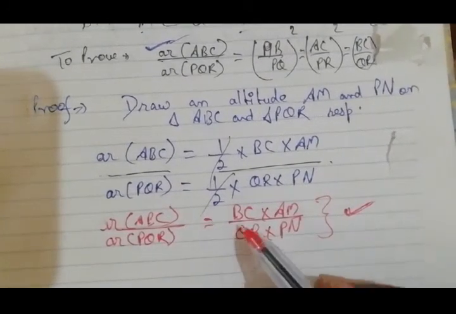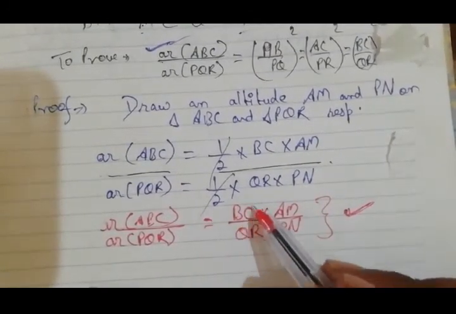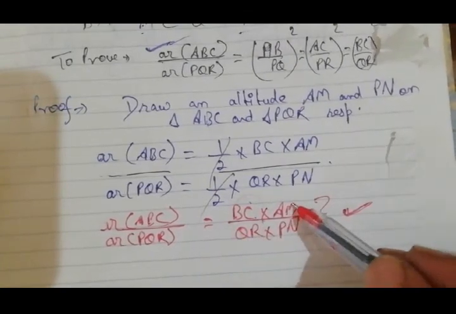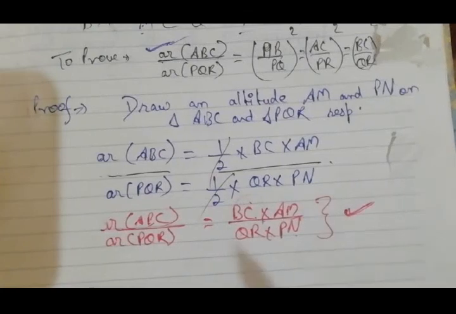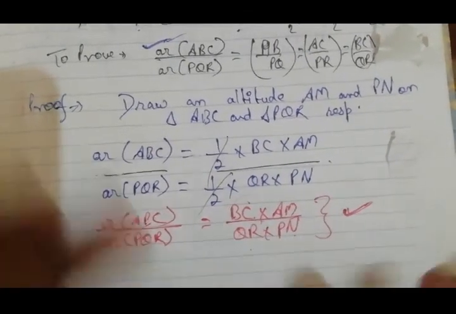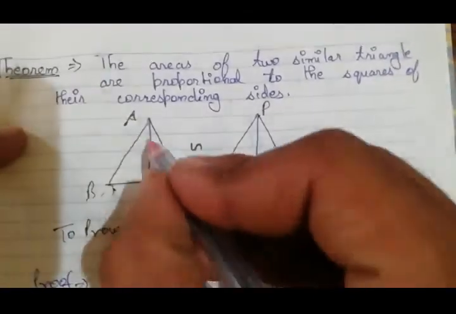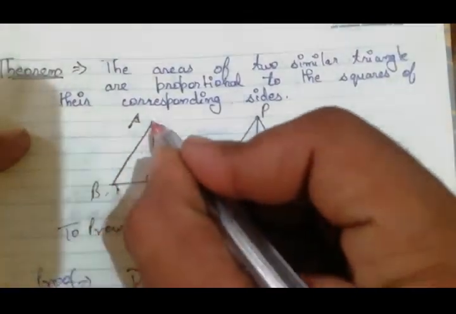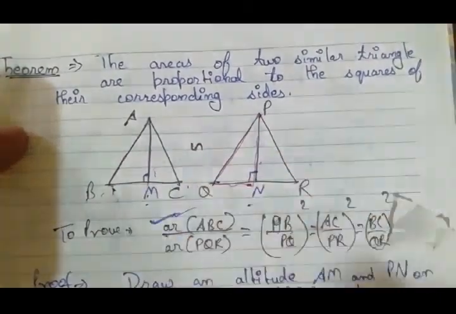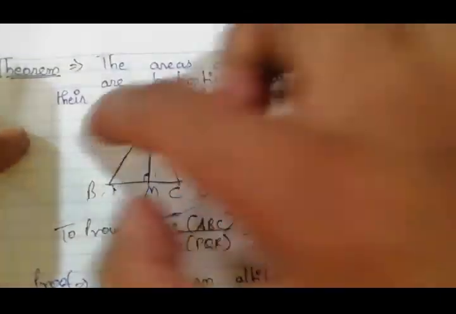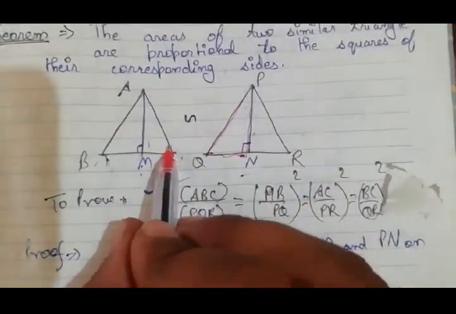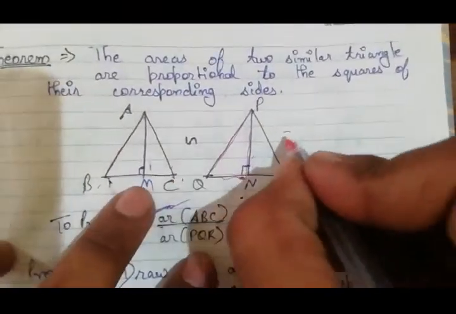Now what we have to prove is BC upon QR whole square. It means that if AM upon PN is equal to BC upon QR, then we will get it. So for that we need to look at these two triangles, ABM and PQN. Okay, so in these two triangles, look, these two triangles are similar.